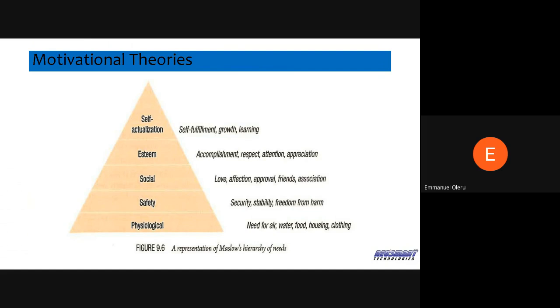Now, how does this help you when you're developing your team? You need to know where your team members are. There are some people that you reward with money and that is not a good enough reward, especially people on the social and esteem level, right?